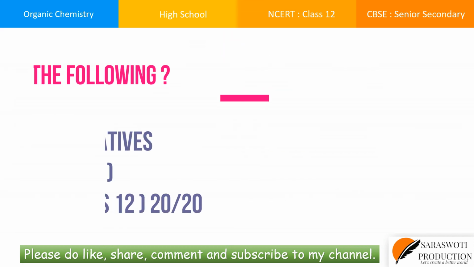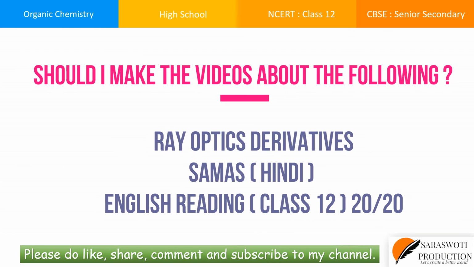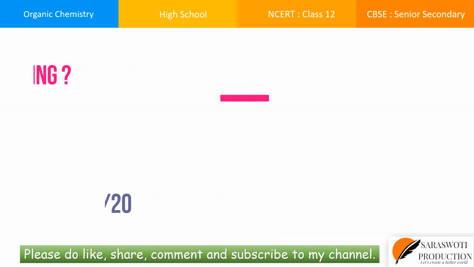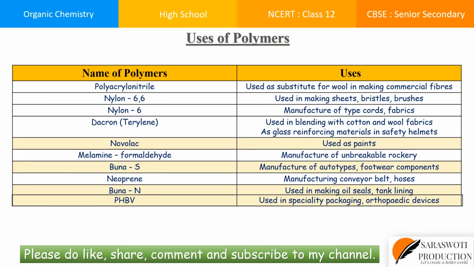And then also let me know, should I make a video about ray optics derivations and about the English reading section, how to always get 20 marks, and about Hindi Samas? Because I believe when I was in grade 10, Samas was the biggest headache for me, and I know the trick to always get it right. So I always try to teach those things which I feel I am very, very good at. Like polymers, I was very good, as I taught you in the best way I could.